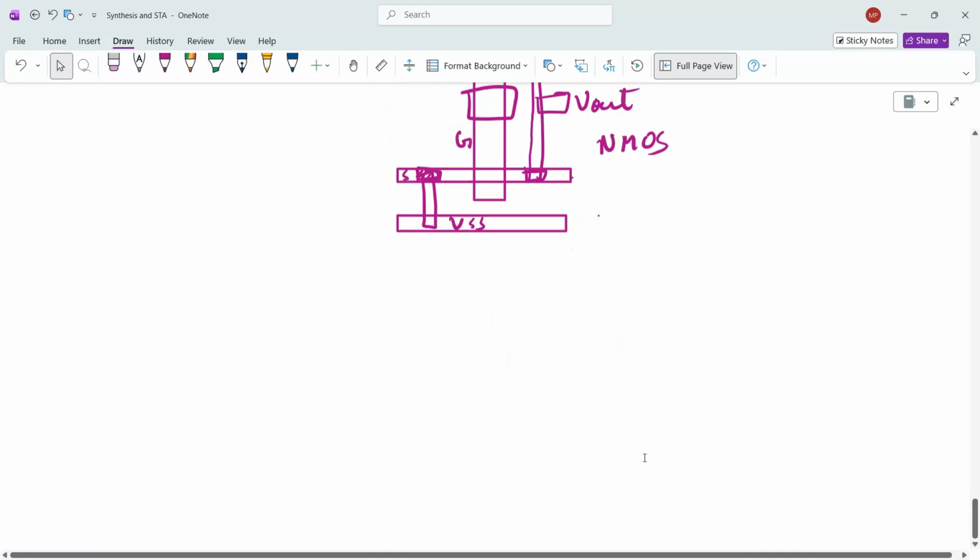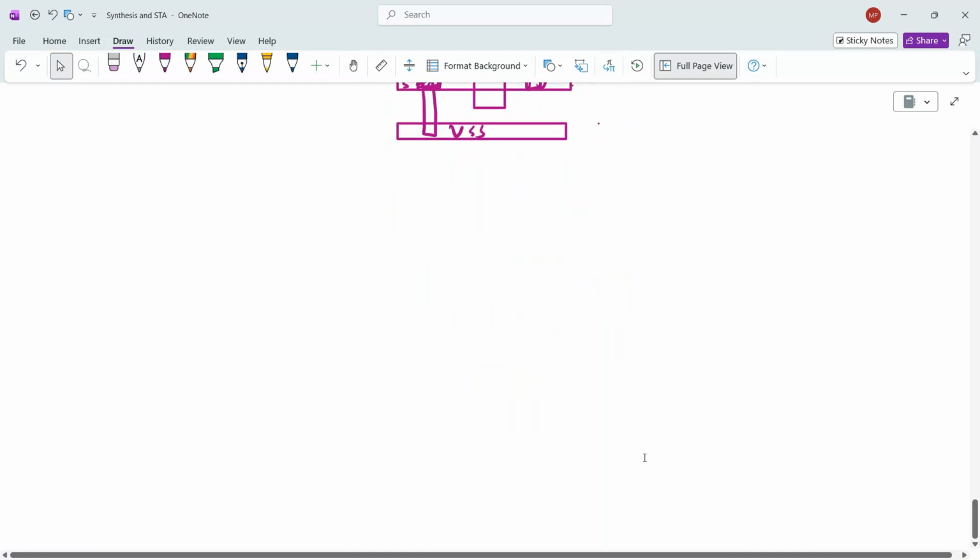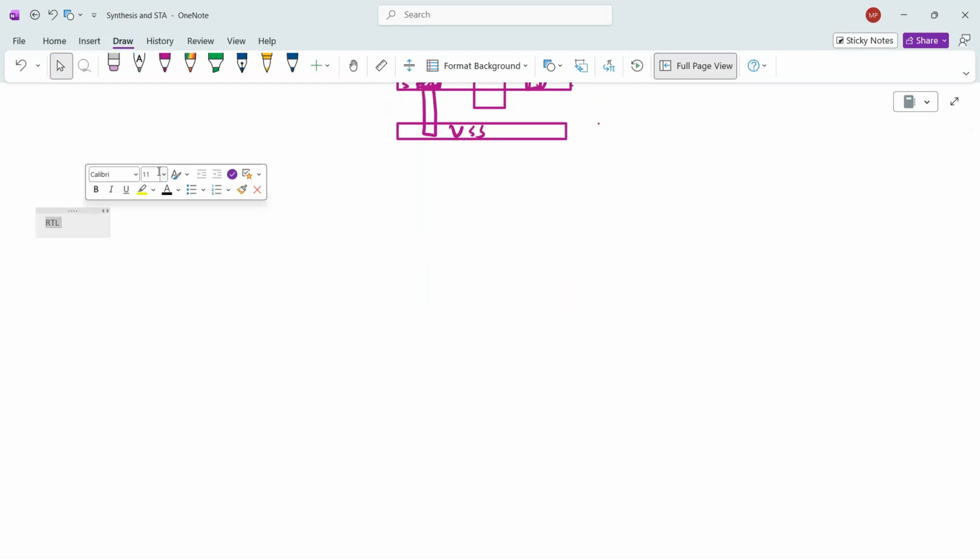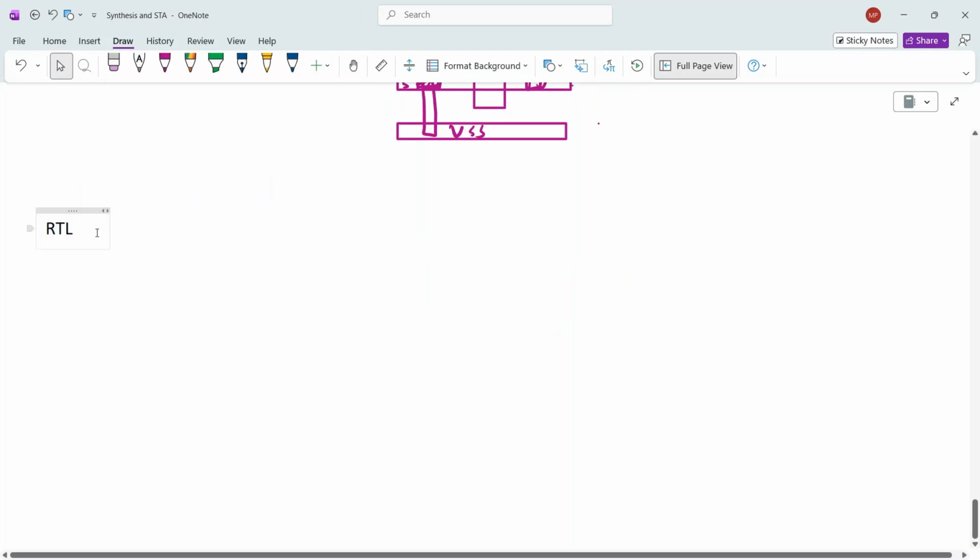So as I told you, the foundry does not understand the logic. It does not understand the RTL, right? But RTL is a really important part of VLSI. Here, all the logic, behavioral logic, everything you will find here. So when RTL is done, what are the next steps that we are doing?